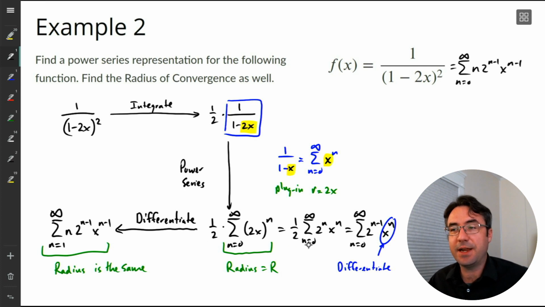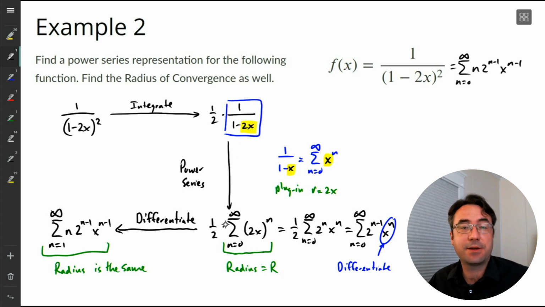But this isn't our answer because it's a power series representation for this antiderivative. That's not quite what we want. So we want to undo this integration. Let's differentiate the power series now to get the one we actually want. So we start with our function, integrate, and we get this more recognizable form. We find the power series.